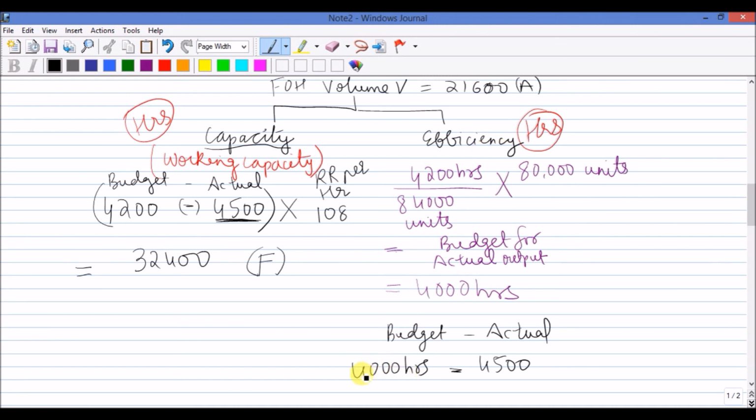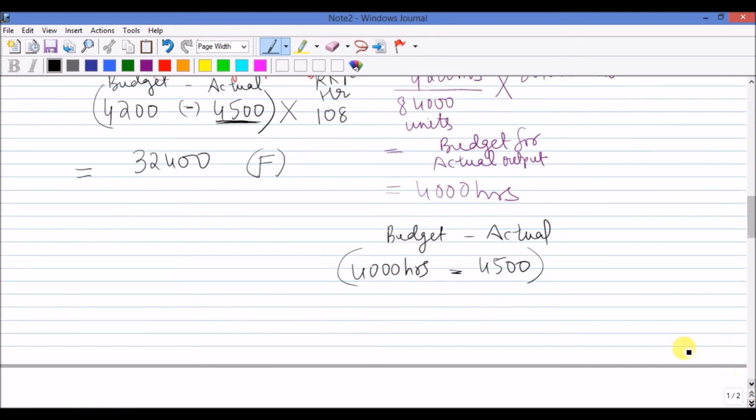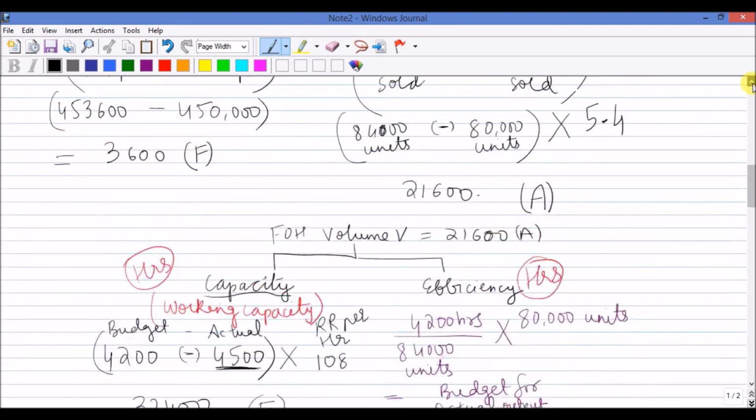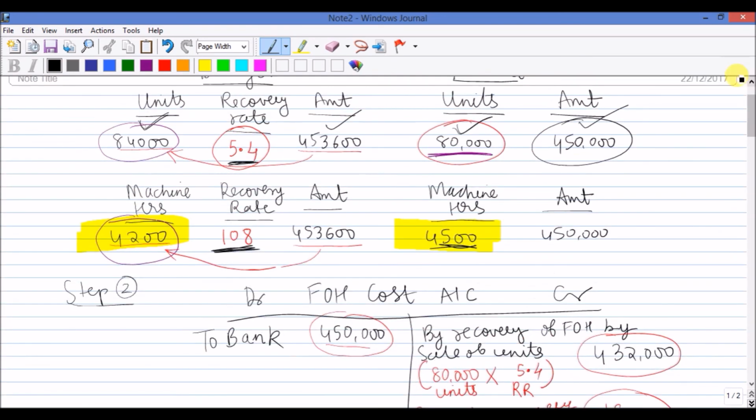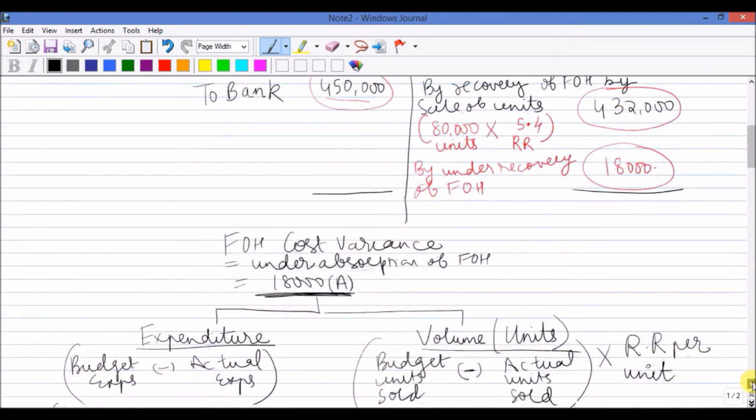So the same number of units you should have taken 4,000 hours, but in real you have taken 4,500 hours. So this is going to give you an adverse variance. Only remember this. This is the difficult part of fixed overheads. And then we have to multiply by the recovery rate per hour. Very simple. Recovery rate per hour is 108. Yes, we are done with the sum.